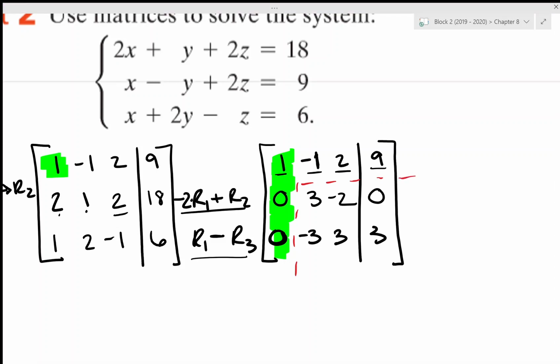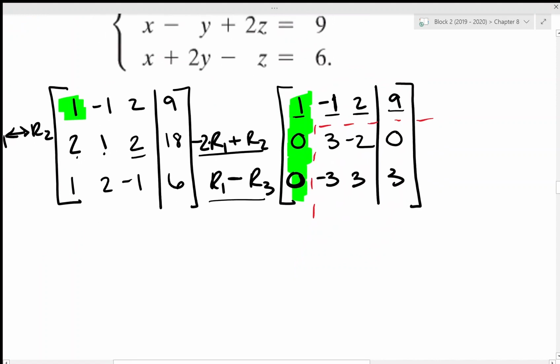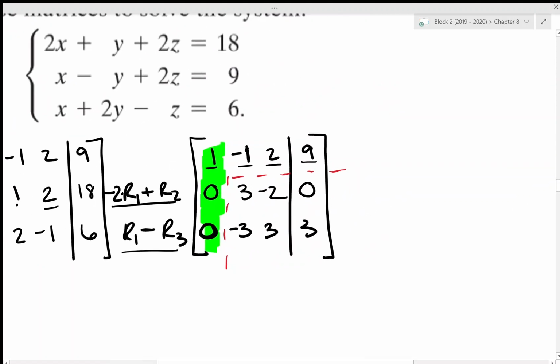So I'm going to try and make now a 1 here. Now I could sit there and multiply 1/3 to row 2. However, if I do that, I'm going to get 0, 1, negative 2/3, line 0. You're going to get a fraction, so that's really annoying.